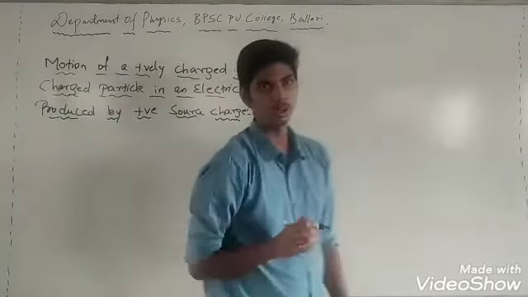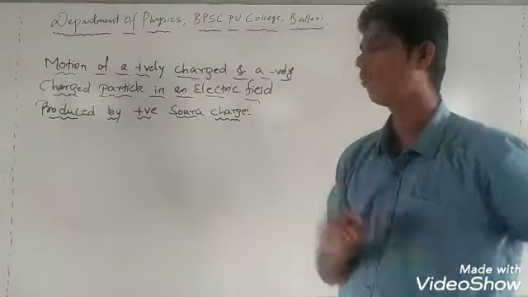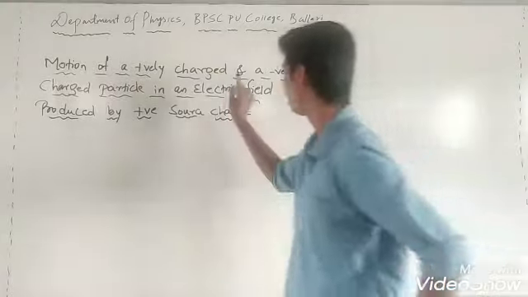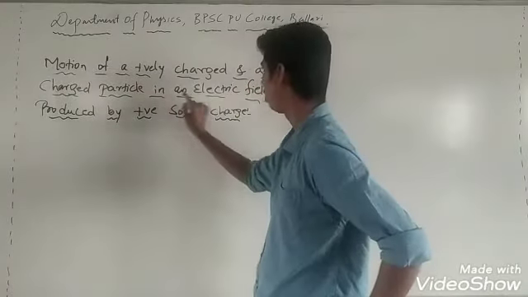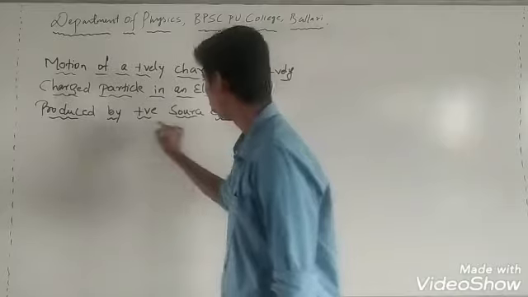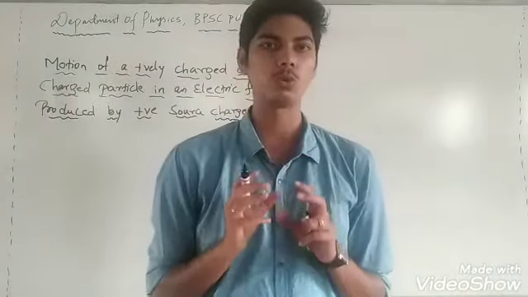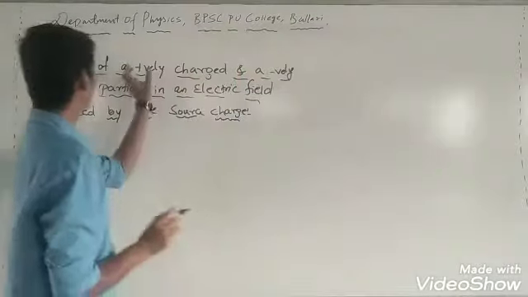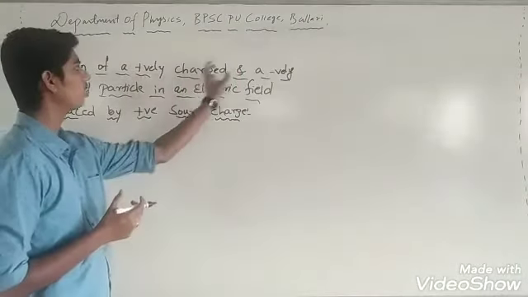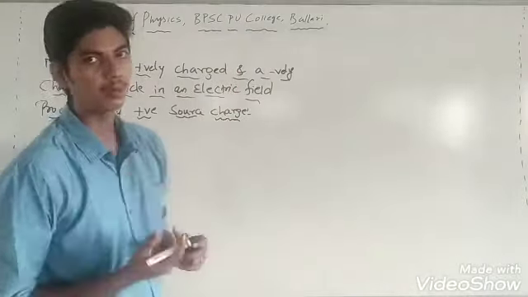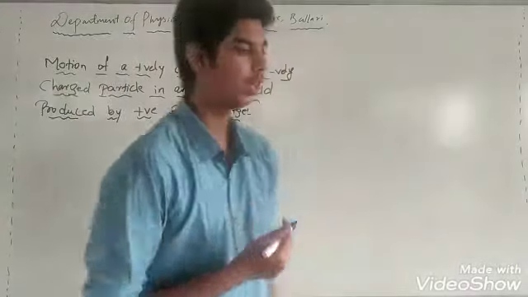So we will now understand the motion of a positively and negatively charged particle in an electric field produced by a positive source charge. That is, how a positively charged particle or a negatively charged particle moves inside the electric field produced by a positive source charge must be understood.